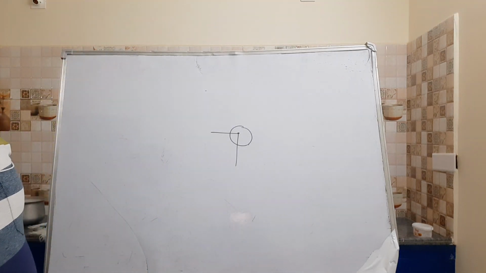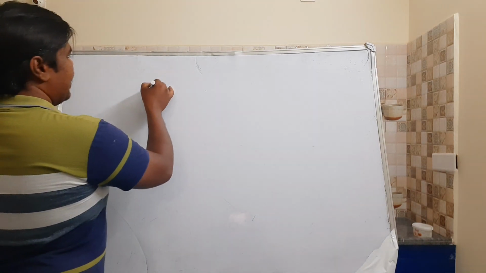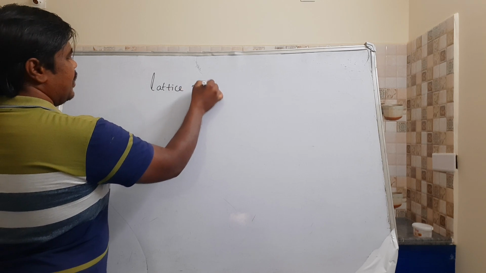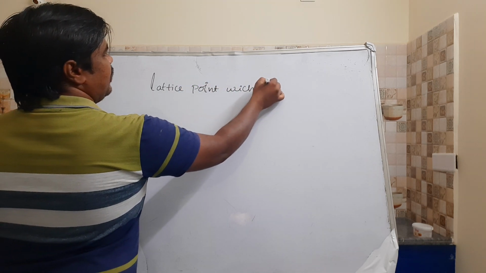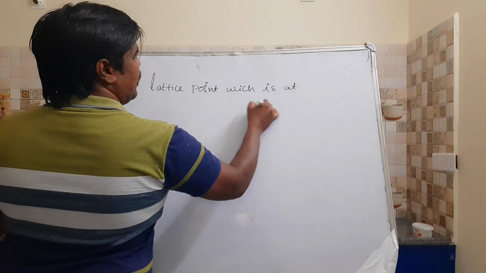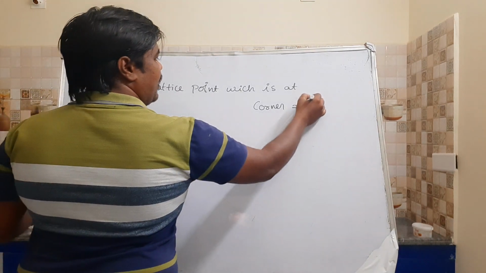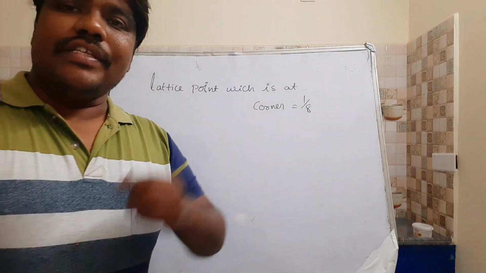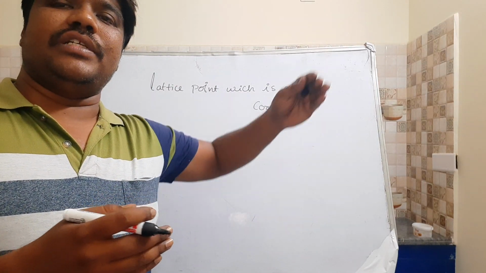As we discussed in the last class, a lattice point which is at a corner contributes 1/8 towards a single unit cell. The rest of the lattice point is with other unit cells.